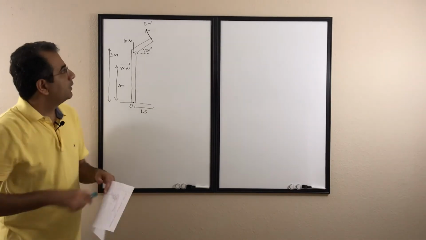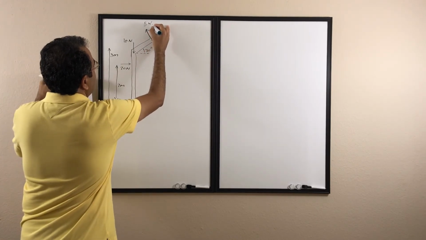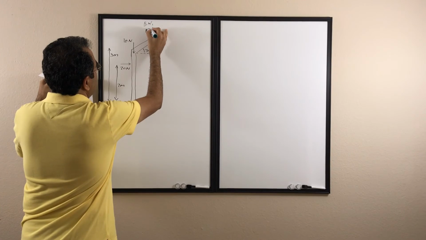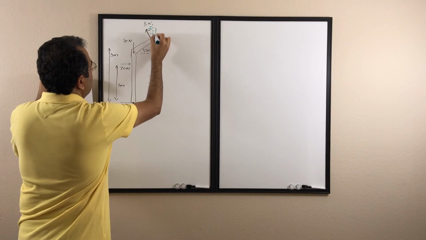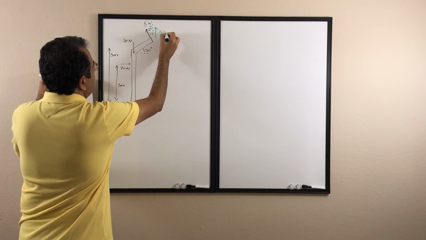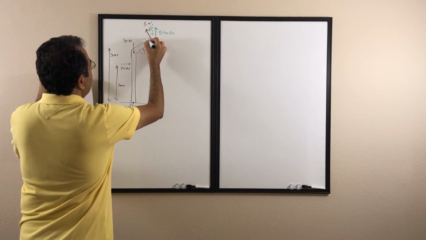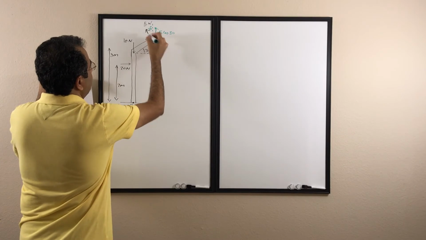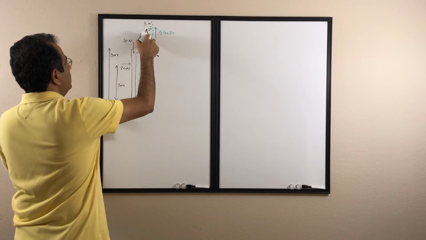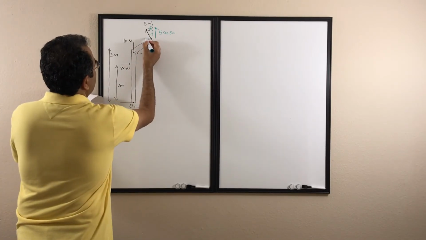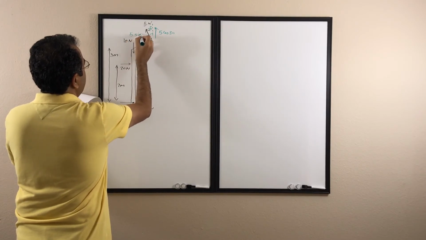In this case, if I look at that force here, if it is 30 degrees, then that's going to be also 30 degrees. So then I have a y component here, which is going to be 5 cosine 30 degrees. And on the x direction, I have its component that is going to be 5 sine 30.